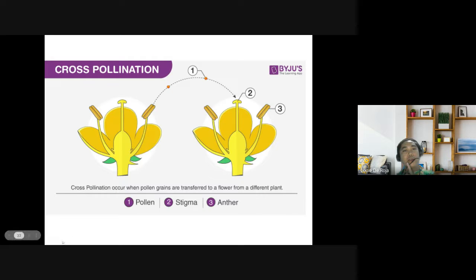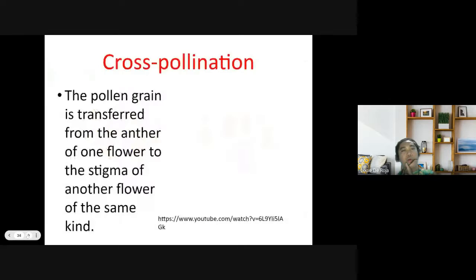Next is cross-pollination. Cross-pollination occurs when pollen grains are transferred to a flower from a different plant. So, dalawang plant na po yung involved dito. Kung self-pollination, isang plant lang yun at maraming flower. Ito naman, dalawang plant siya na magkaiba yung flowers at nag-exchange sila ng pollen grain.